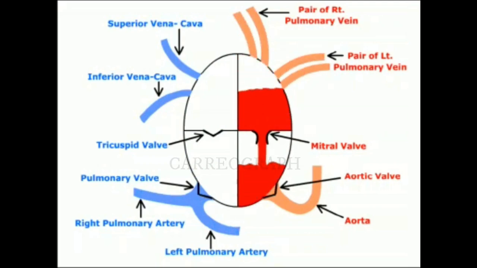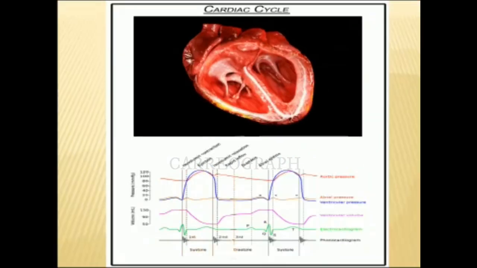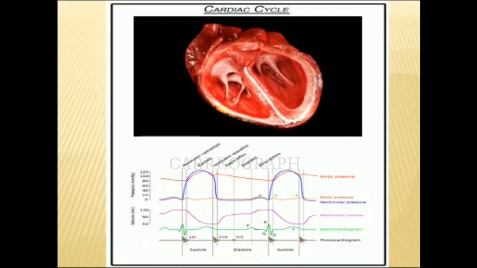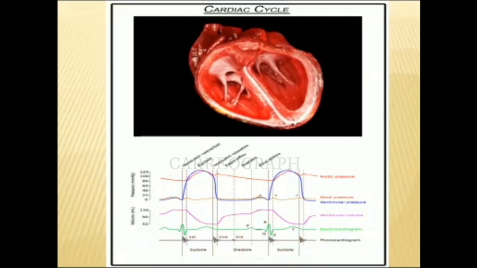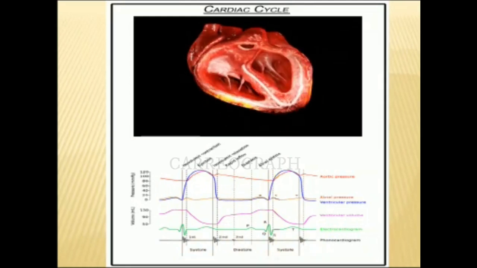This is how the complete circulation process happens in the heart, and this is only due to the contraction and expansion of the cardiac muscles. This rhythmic contraction and expansion takes place continuously. As you see in the picture, there is a rhythmic contraction and expansion.